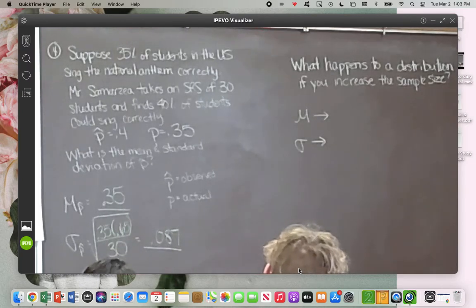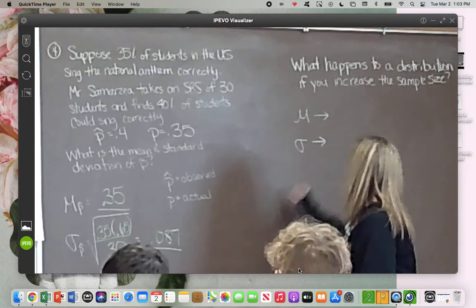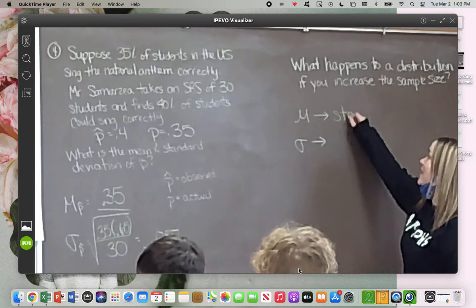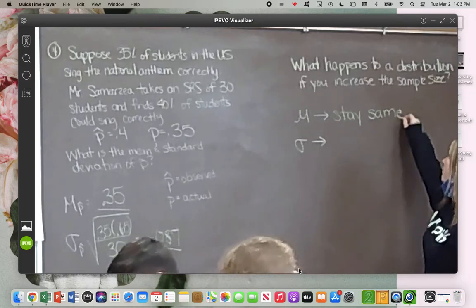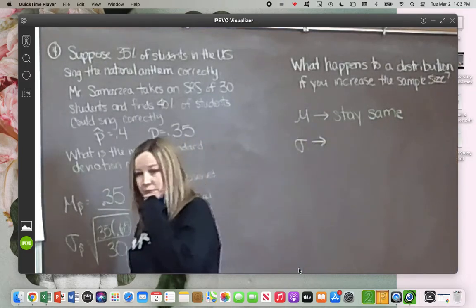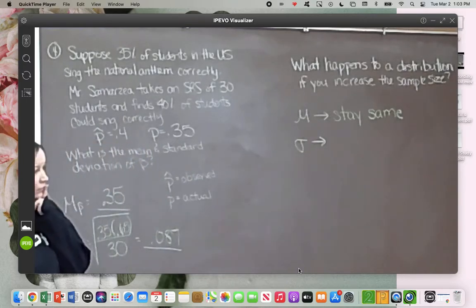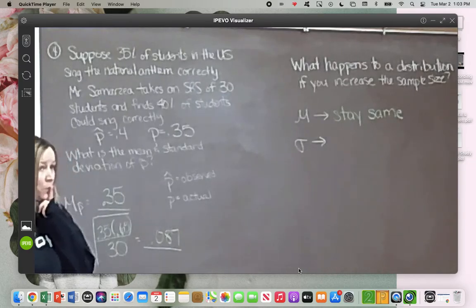N. Does N have anything to do with the mean? Nope. So if you change the sample size, the mean will stay the same. Now, what do you think happens to the standard deviation? Do you think it goes up or goes down?